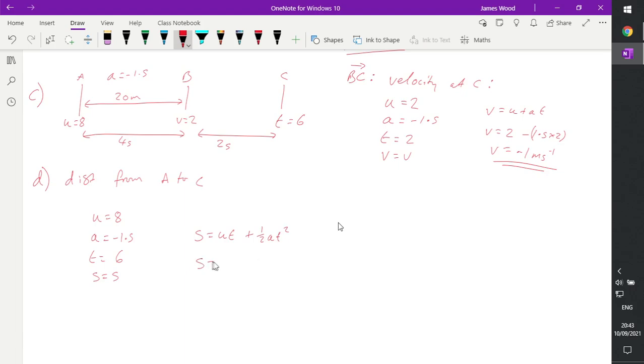So s is equal to 8 times 6 plus half times minus 1.5 times 6 squared, which is 21 meters. Okay, so the total distance between A and C is 21 meters.